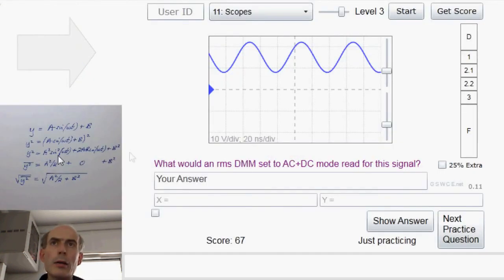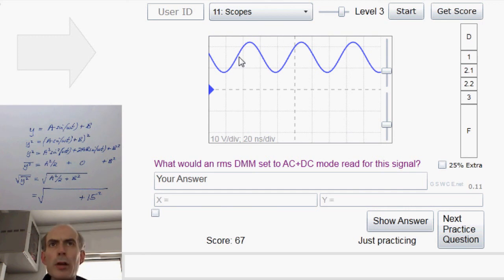Okay, here b is the mean value, and that is 1.5 divisions, so I would say that would be 15 volts. Write that in like that.